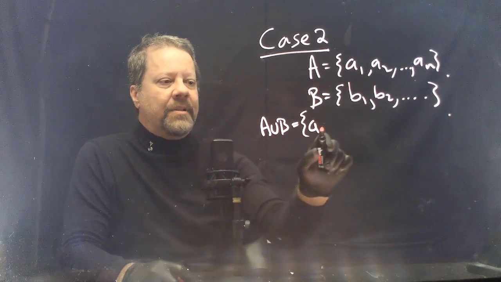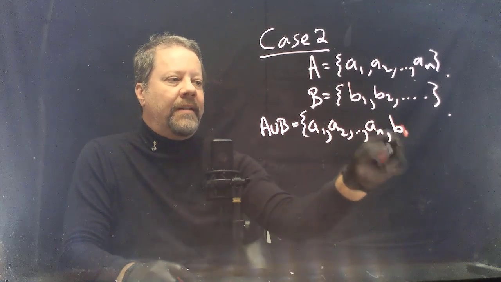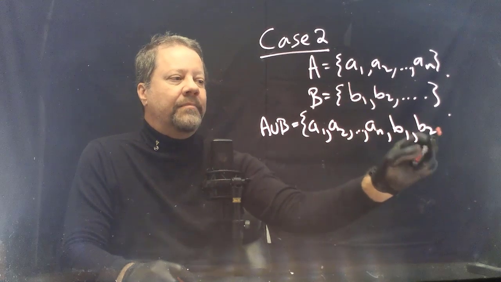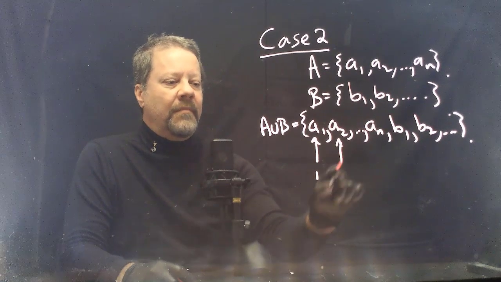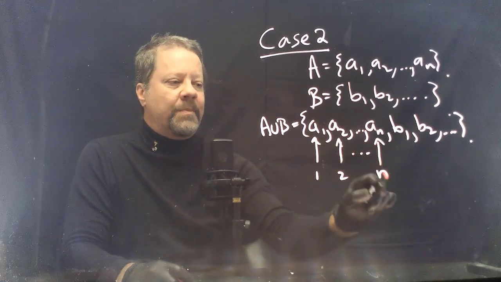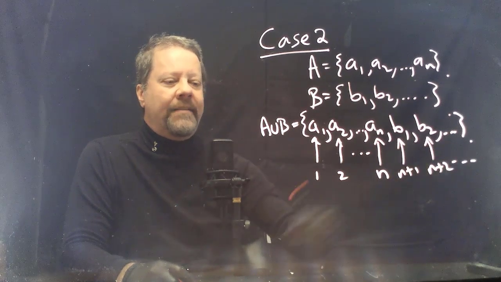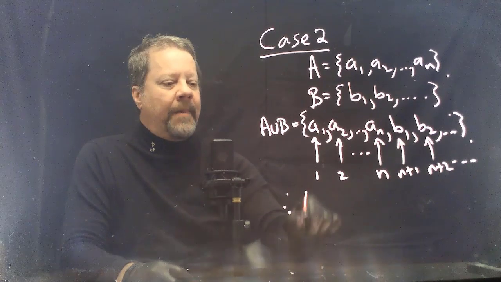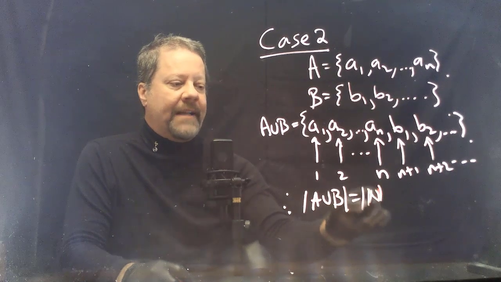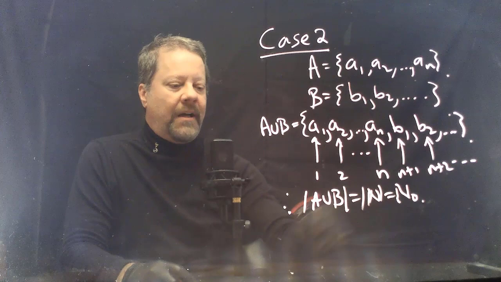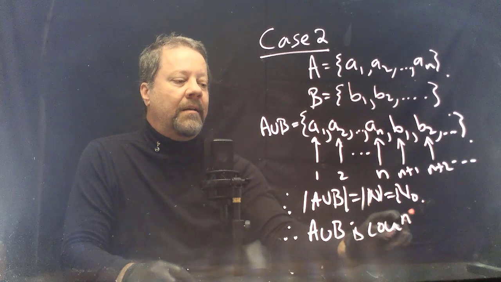And the answer is, we'll just list the elements of A first, and then the elements of B. So 1 goes here, 2, this will correspond to n, this will be n plus 1, n plus 2, and then so on. So the cardinality of A union B will be the same as the cardinality of the natural numbers, or aleph naught. So A union B is countable.